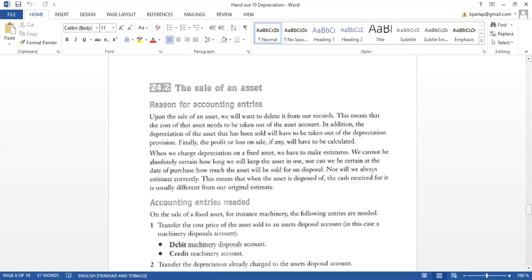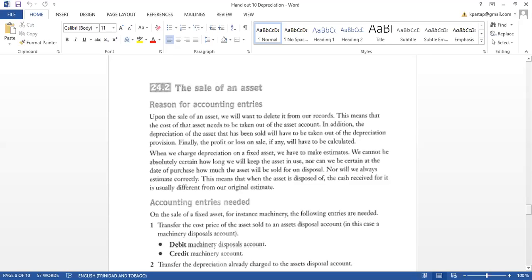So basically, depreciation is a provision. Depreciation is not an actual expense, meaning we don't actually physically take out cash and pay to depreciation, right? That's a concept that, when you're doing accounting at a higher level, you would have to be very mindful of.